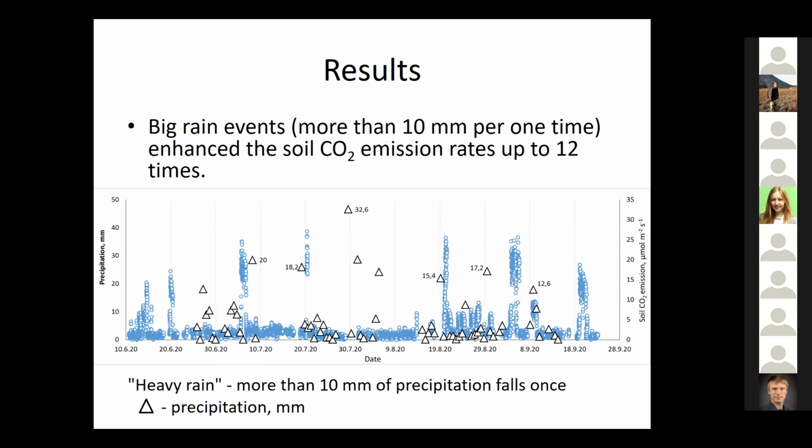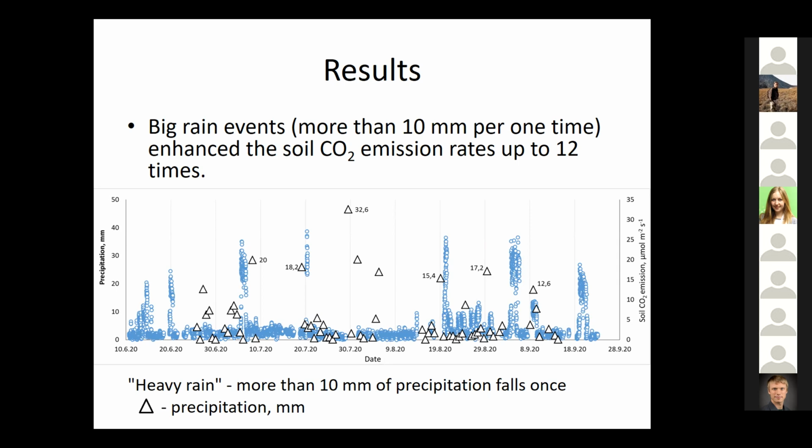Later, we looked at an interesting event. We measured the soil emission after a big rain event. What is a big rain? We call it heavy rain. So precipitation should be more than 10 millimeters at one time. And after this heavy rain, we observed an increase of CO2 emission up to 12 times in the first 3 days after each big rain event.